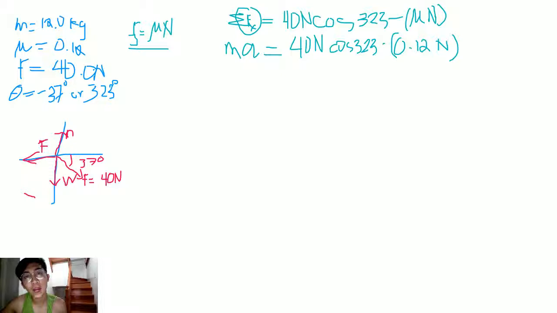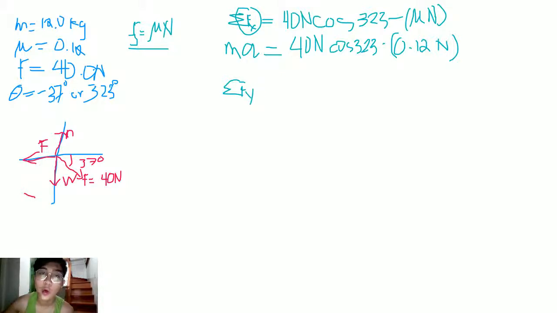So, unknown pa ang ating acceleration, pero may given na tayong mass. So, tigil muna tayo dyan sa F of x or force along x. So, next natin is forces along y muna, dahil hindi pa natin masosolve si forces along x.